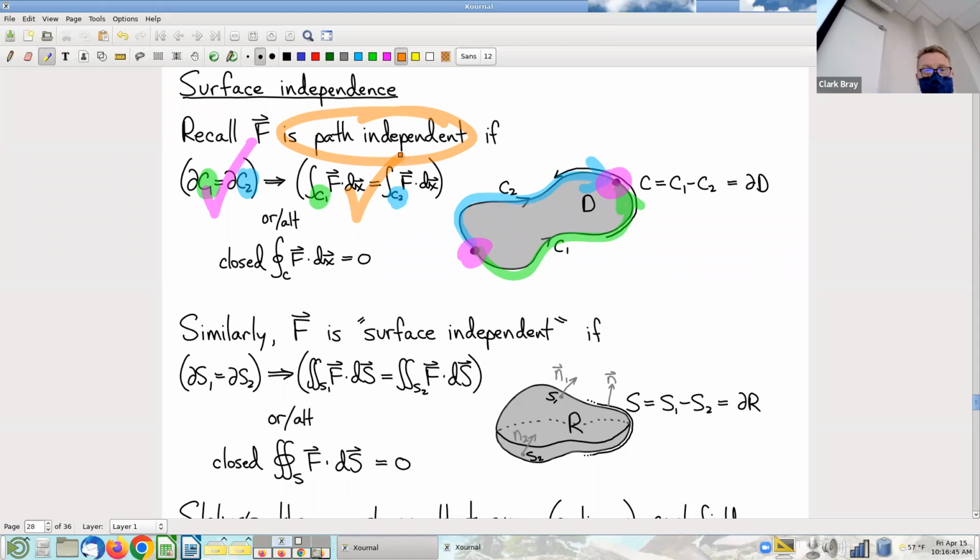Okay. So this is something we talked about a while ago, and we're not going to rehash the whole thing. I will remind you, though, that there's an alternative version, which is to say that if you look at going all the way around, that's what you might call C1 minus C2, that line integral equivalently just needs to be 0. So take your pick.